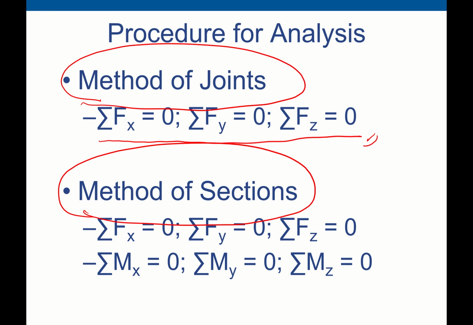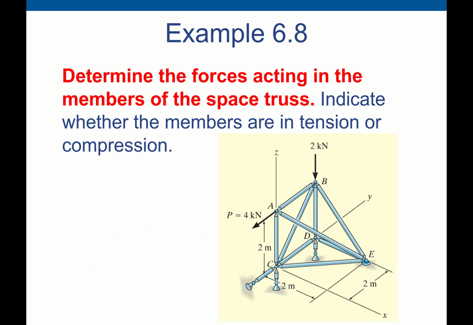Method of sections, we can use this translational restriction. Also, there are no rotations since the space truss is a very stable object. Okay, so if you add up all the moments for any directional rotation, it should be equal to 0. Okay, there are no rotations.